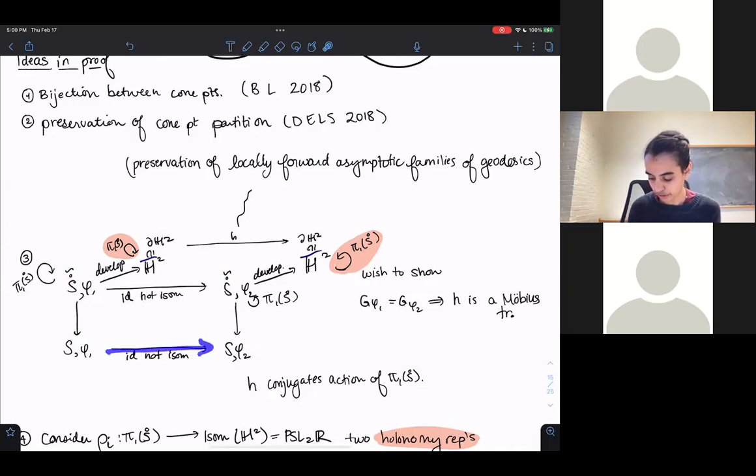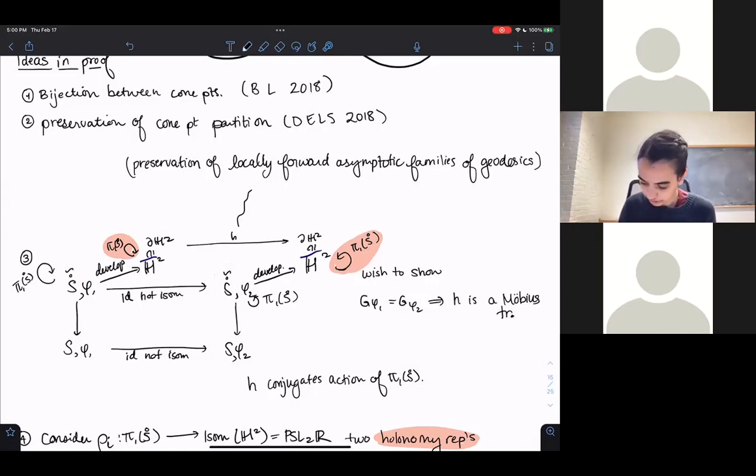And then this is the deformation between the two metrics, and this is the lift of that deformation. The point of removing the cone points and taking the universal cover is that now we can develop onto the hyperbolic plane. Because before, our total cone angle might not have been a multiple of 2 pi, the cone angle at each cone point, and so we can't really develop onto the hyperbolic plane. But if we do this, now we can. So we develop onto the hyperbolic plane after that.